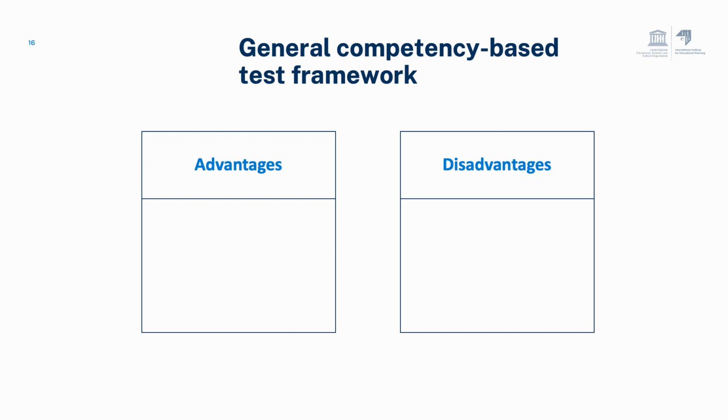In addition to PISA and PISA for Development, there have been many advocates that have defined the test framework on general competency that may not be related to the school curricula. Examples of these competencies include problem-solving skills, information literacy, sustainable development knowledge, learning to live together, collaboration, and so on.